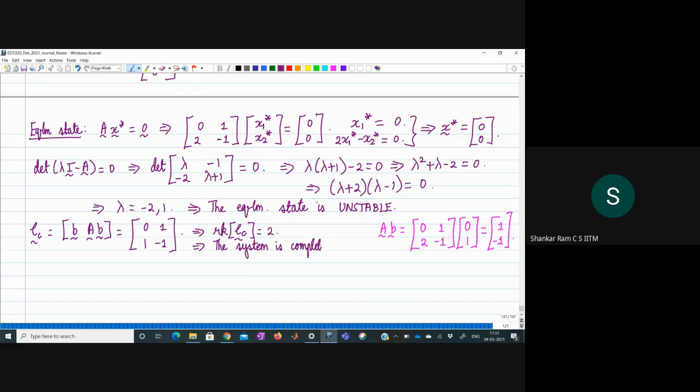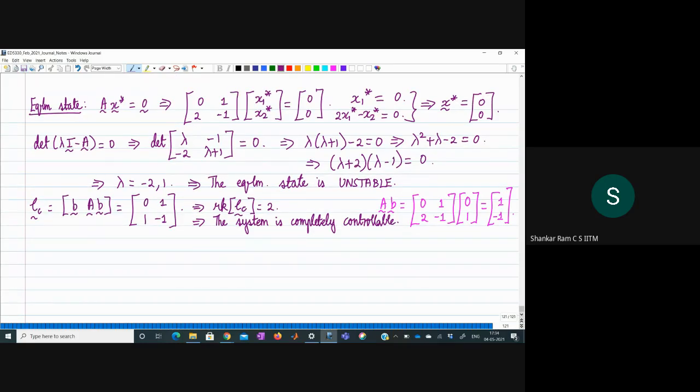Okay, so there is the conclusion. Okay. So now we need to figure out where we will place the closed loop eigenvalues.